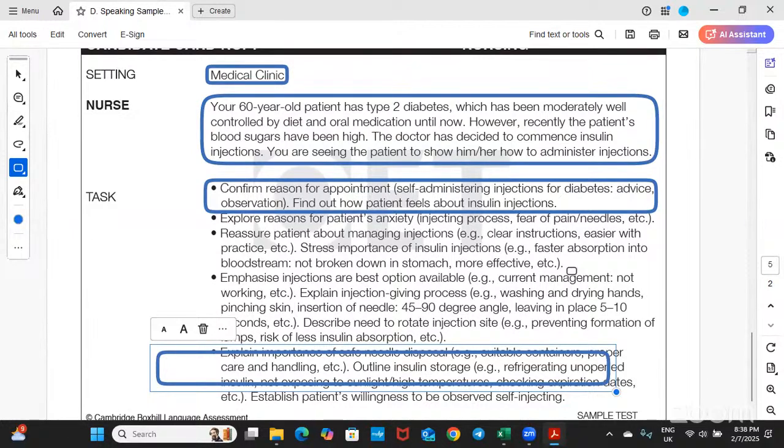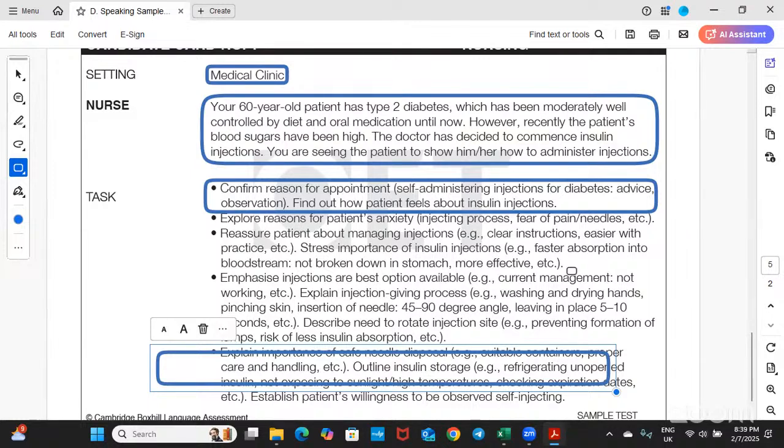The doctor has arranged this meeting because he wants me to train you to self-inject insulin so that you can do it on your own at your residence on a daily basis.